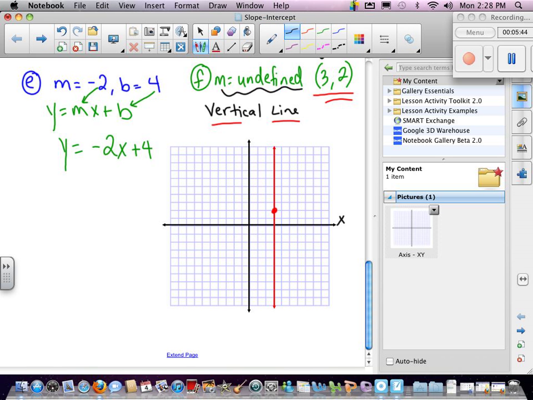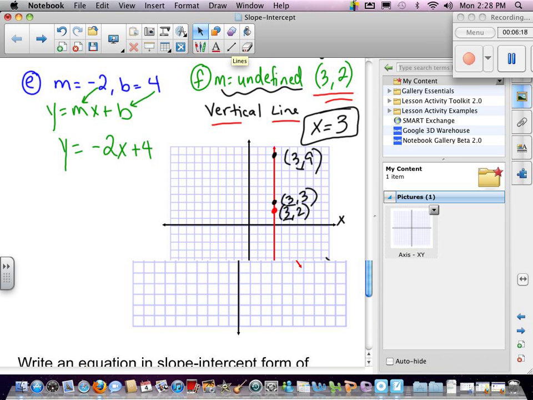And no matter what ordered pair we pick, that's (3, 2), that's (3, 3). We go up here, that would be (3, 9). And we come down here, that would be (3, negative 6). Okay, no matter what, the x value is always the same. So anytime we have a vertical line, it's going to be given by the equation x equals a constant. And what is the common x value in all of these? That would be 3.